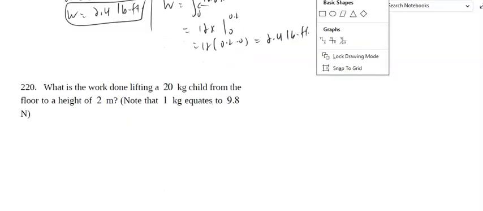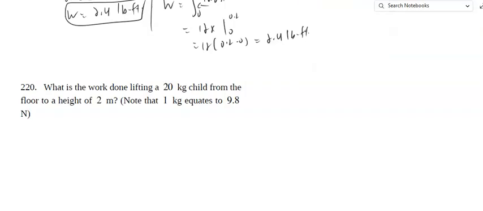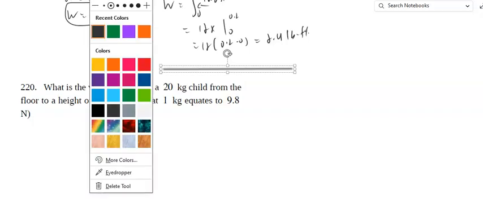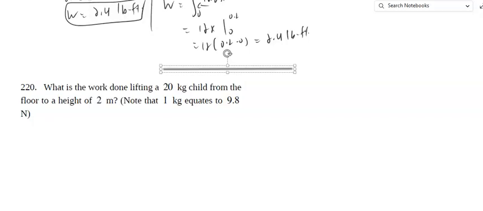And similarly, here we go. I could integrate here too, but the same thing. What is the work done by lifting a 20 kilogram child? Force is fixed. That's not changing. The child is not changing its weight. From the floor to a height of 2 meters, x equals 2 meters.